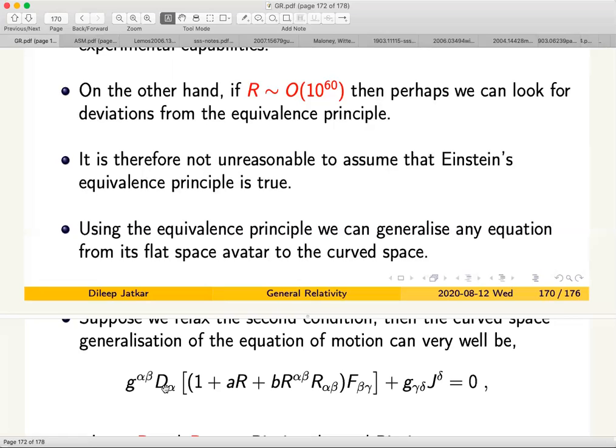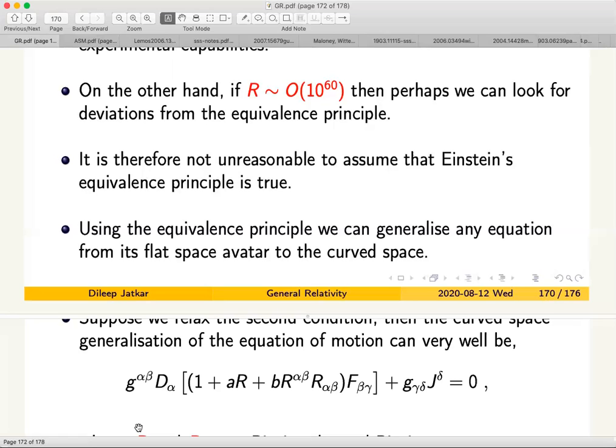Now in pure gravity, it is hard to find a quantity which is a first rank tensor constructed out of the metric. All the tensors that we have constructed are second rank, fourth rank, or zeroth rank.